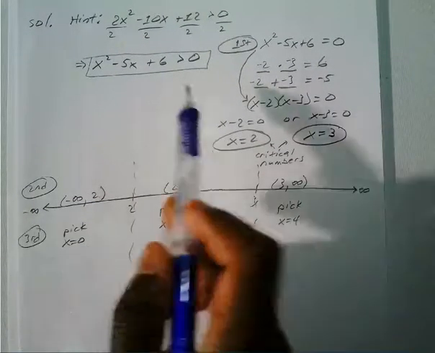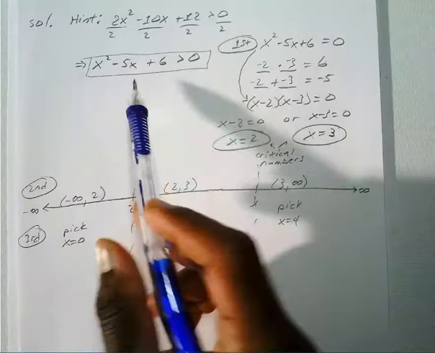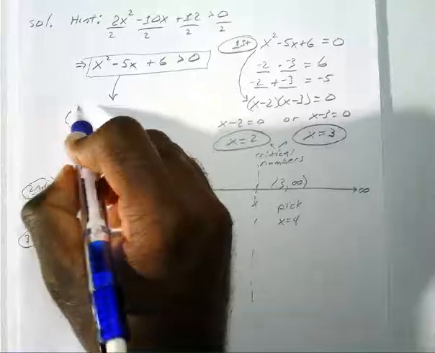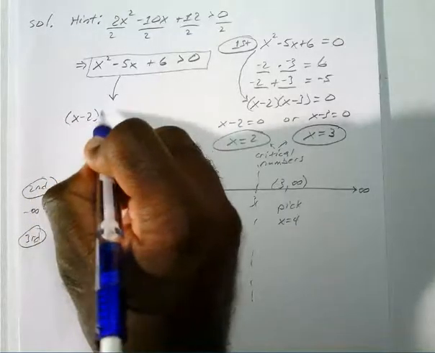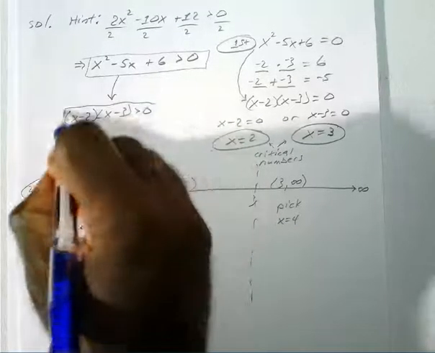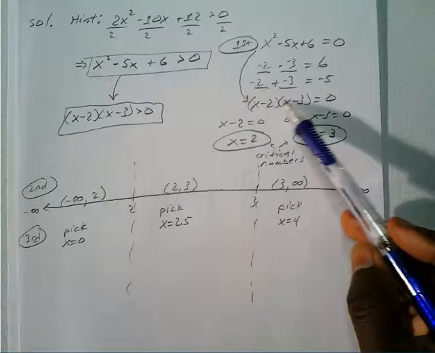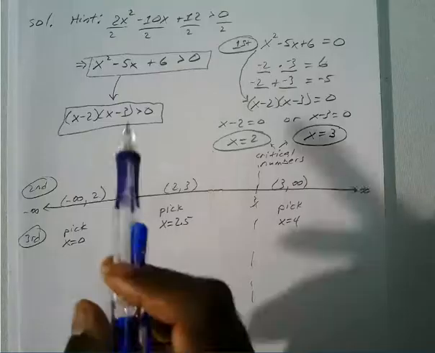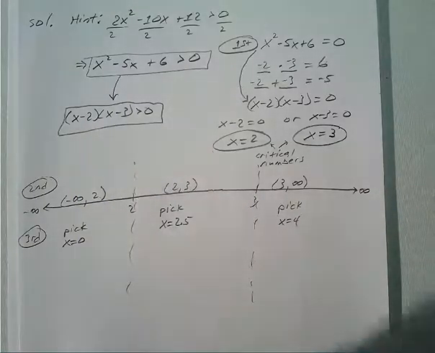If we plug it in, we can plug it into the original, or we can plug it into x minus 2 times x minus 3 is greater than 0, because it's equivalent. It's just the factored version of that. Usually it's just easier if you plug it into the factored version.